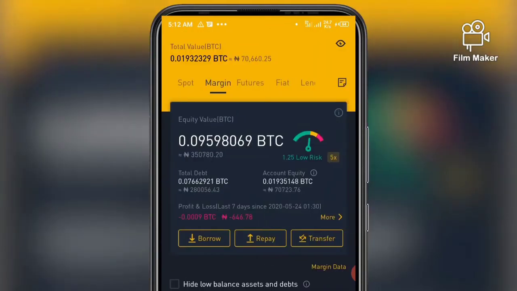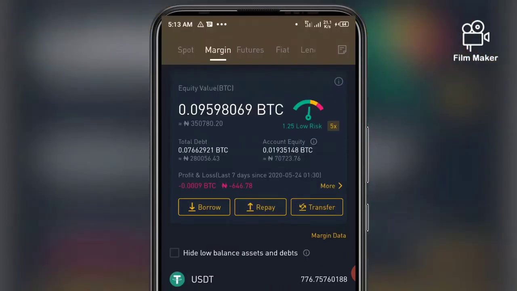Then your margin is where you deposit money as collateral to be able to place huge trades. You can transfer money into your margin and withdraw from your margin.